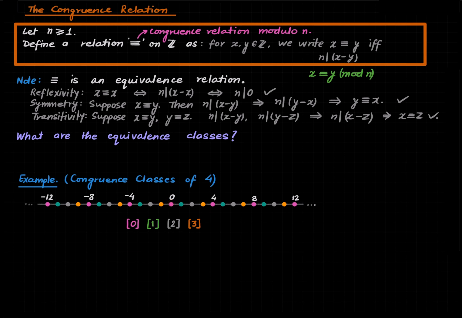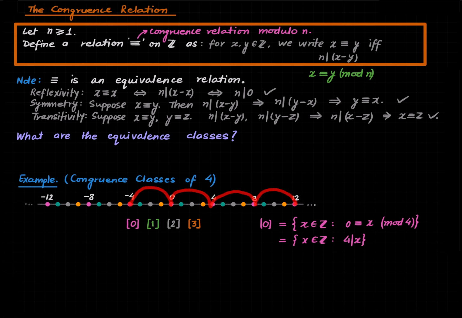So the equivalence class of 0 is, by definition, all those integers which are related to 0 modulo 4, which is all the integers which are divisible by 4. And those are these integers, the ones that have been plotted in pink.